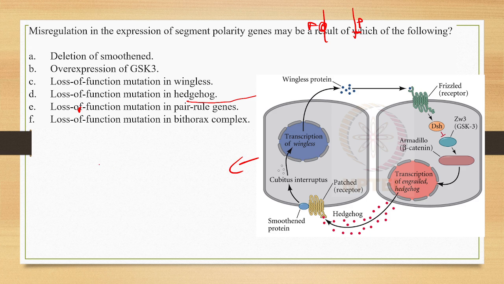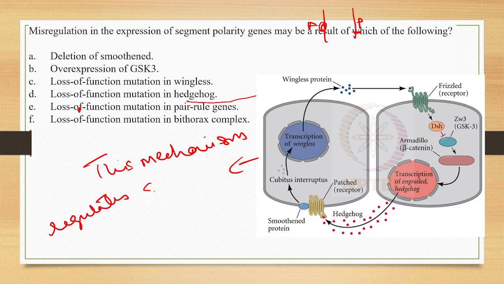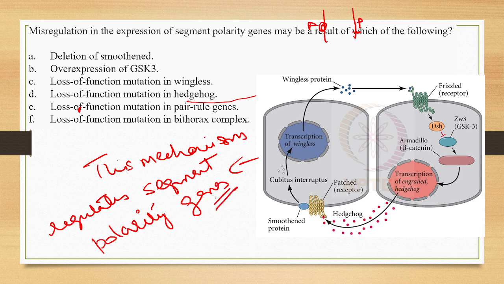So I'm writing here: this mechanism regulates segment polarity genes. What does it mean? Any problem, any mutation, any deletion in this particular mechanism, in this cycle, will cause misregulation in the segment polarity genes.